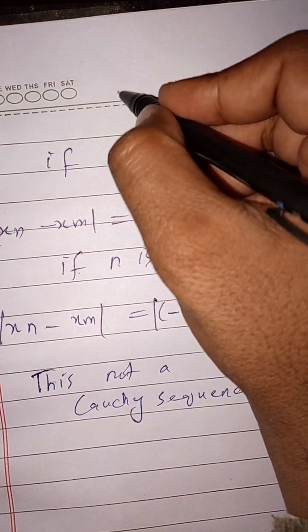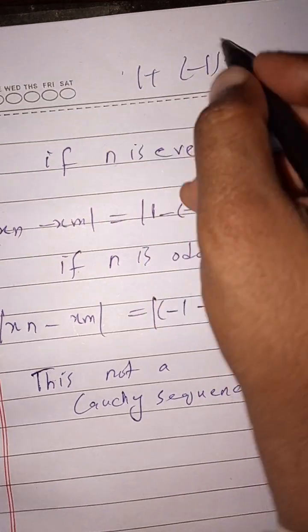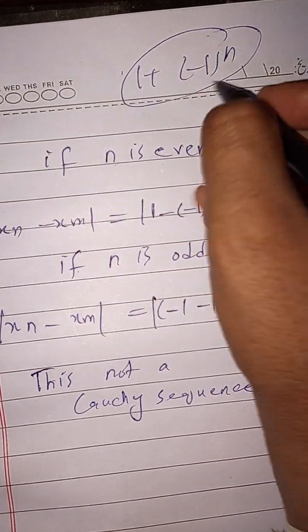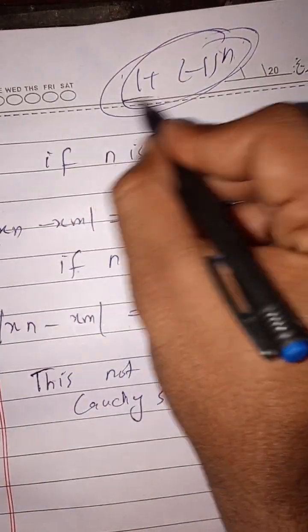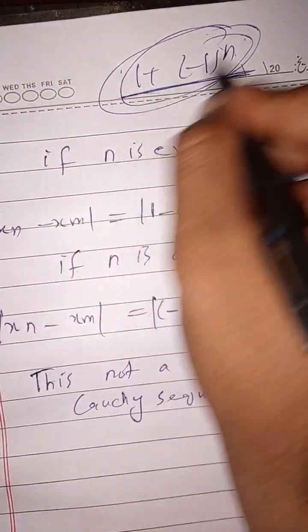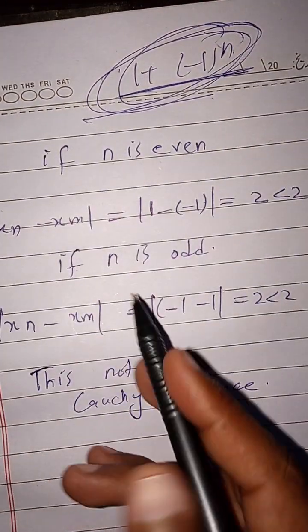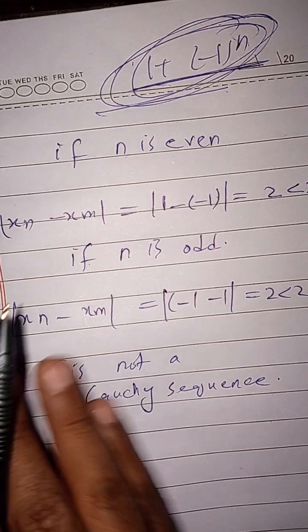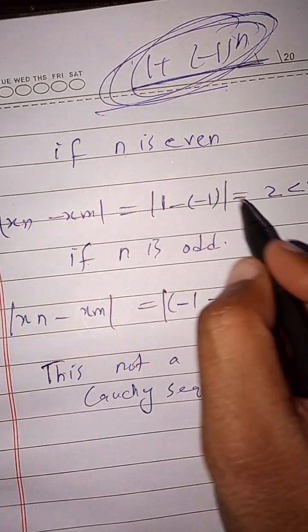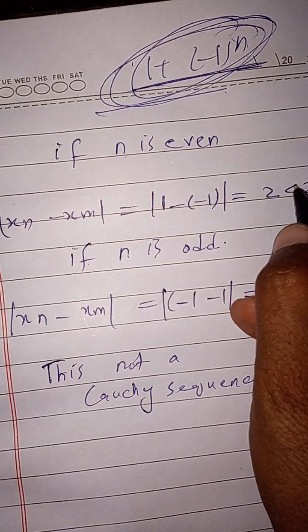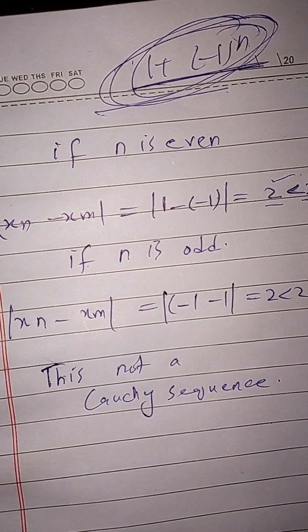Why is it not convergent? 1 plus minus 1 power n: if you put even values, you get one answer; if you put odd values, you get a different answer. So its limit does not exist. If its limit does not exist, it means that it is not convergent, and how can it be Cauchy? So it is not Cauchy. For this we took epsilon equal to 2, and 2 is never less than 2. So this is proof that it is not a Cauchy sequence.